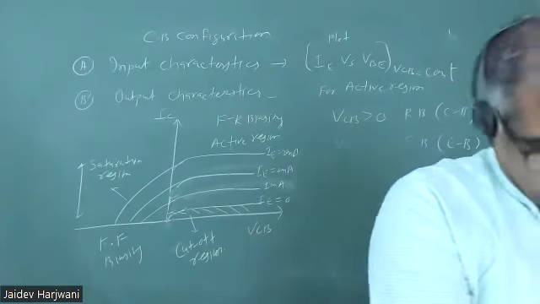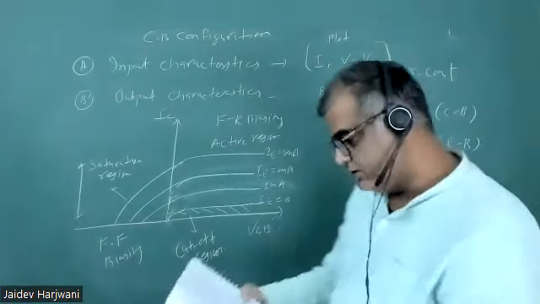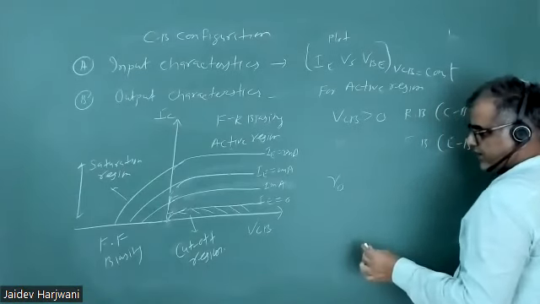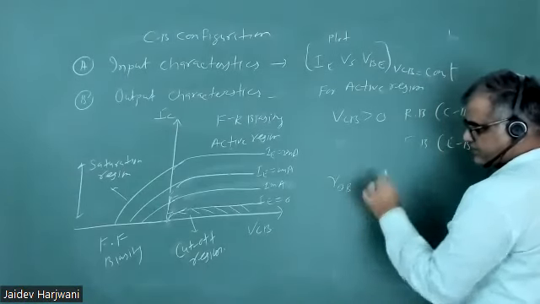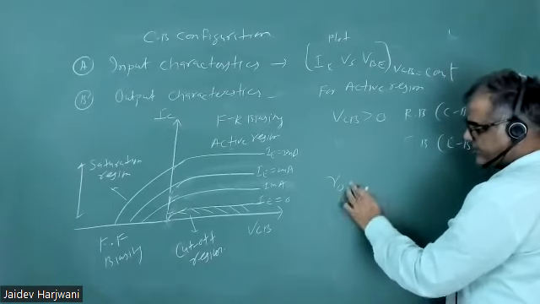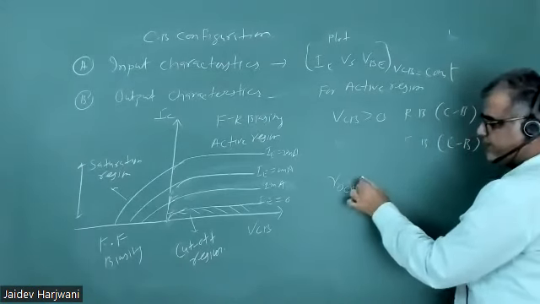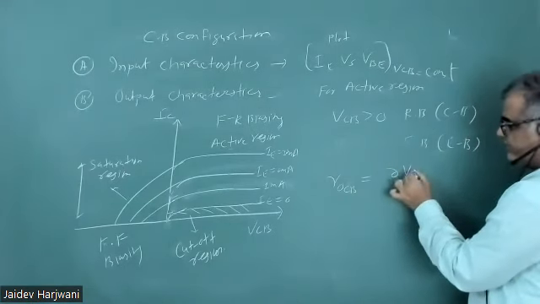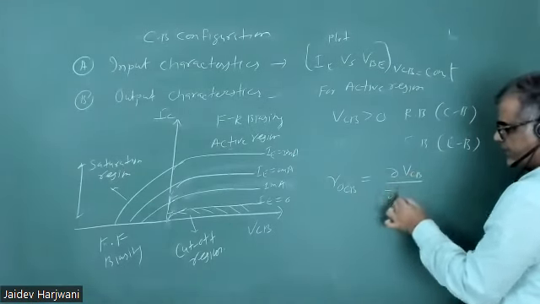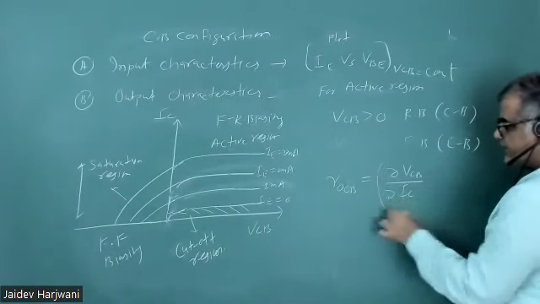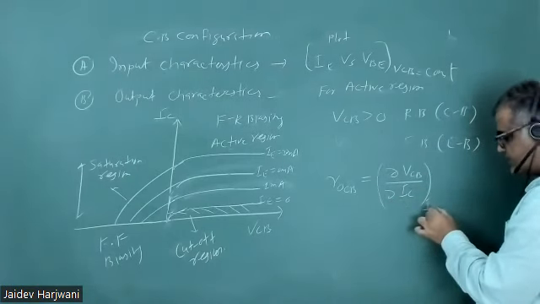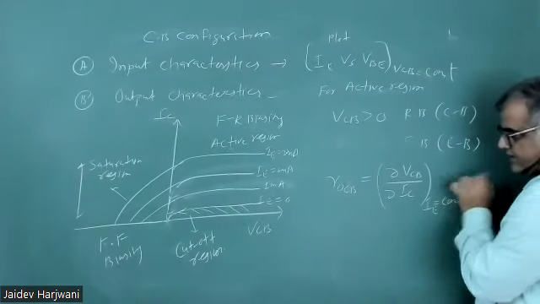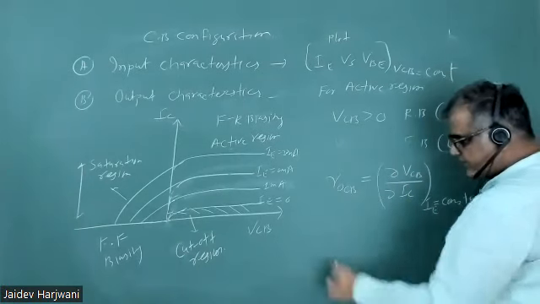In the common base configuration, the output resistance, ROB or OCB, is given by delta VCB upon delta IC, keeping IE constant. And this resistance is generally in mega ohm.